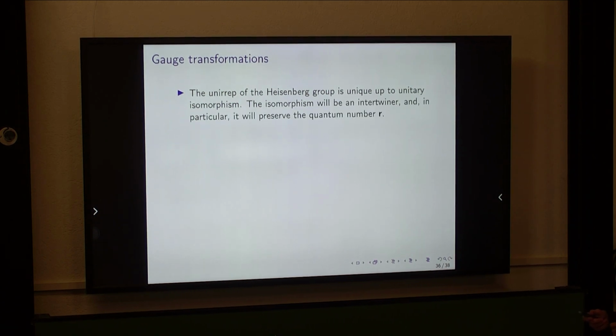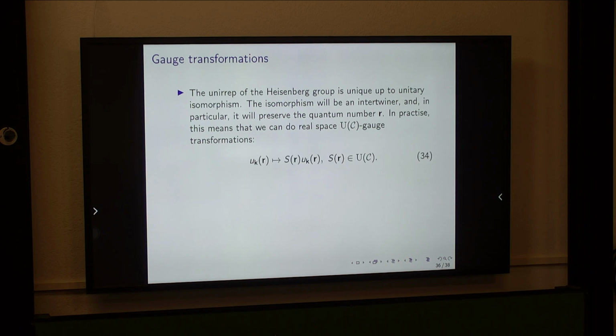So there's another feature that I want to mention, which is that the unitary irreducible representation of the Heisenberg group is unique up to unitary isomorphism. And because of that, this isomorphism will be an intertwiner, and in particular it will preserve the quantum number R. Because of that, we can do real space gauge transformations like that.